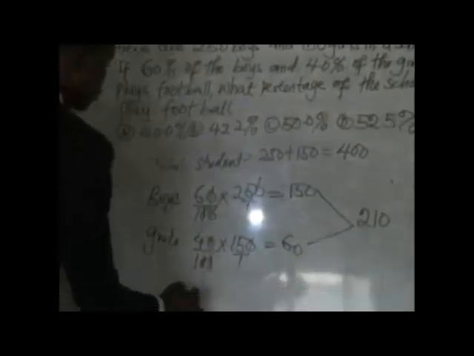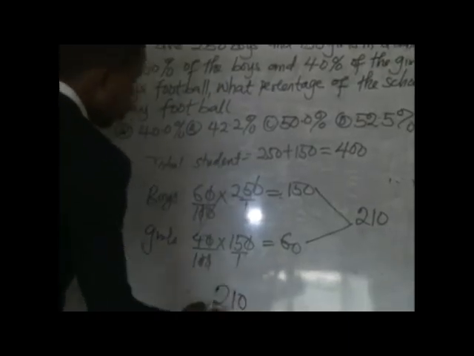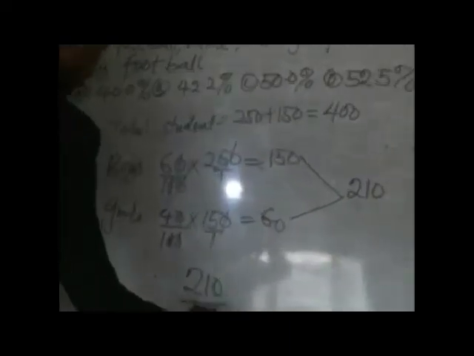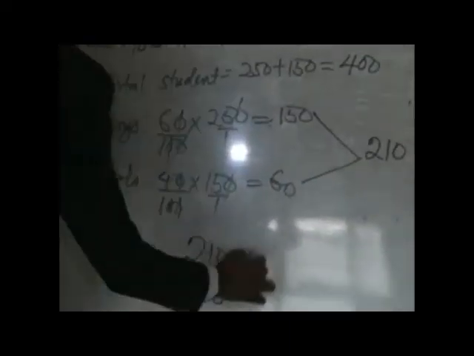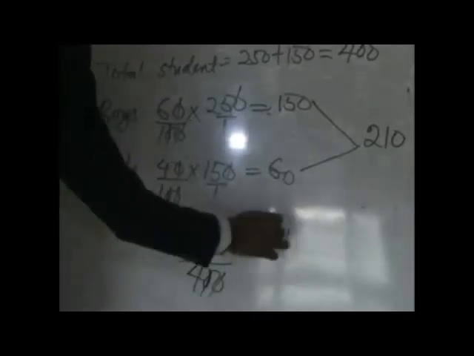Now the question states, what percentage of the school plays football? So the percentage of the school that plays football will be the total number of boys and girls, which is 210, over the total population of the school, which is 400, times 100. So you cancel out, this cancels this, this cancels this.